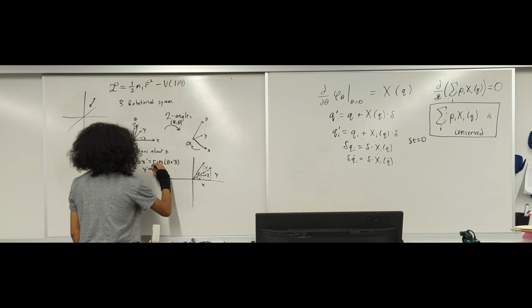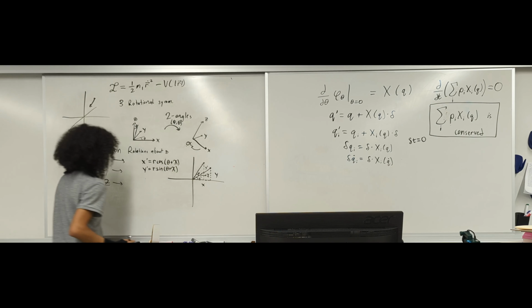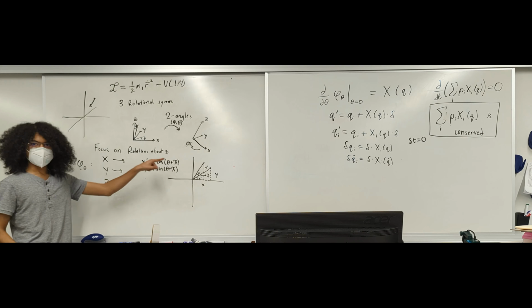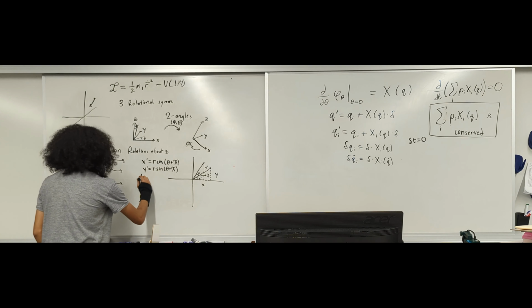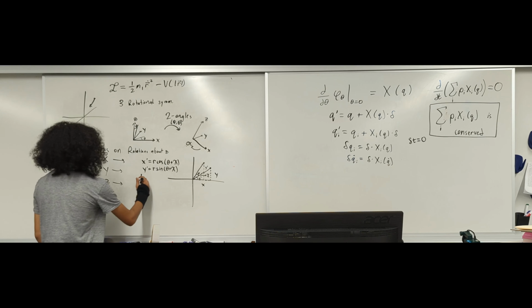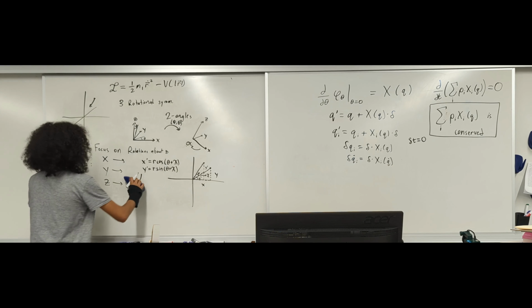Y prime is equal to r sine of theta plus chi. And then we can use the angle sum formulas to figure out what these are. So where can I write it? Well, I guess I can just write out here.